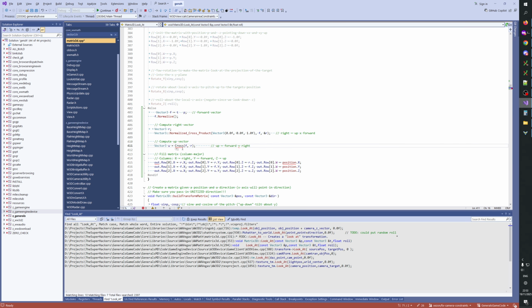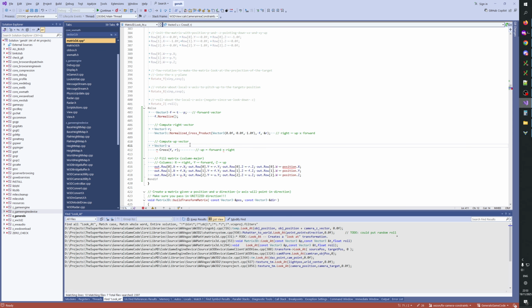Compute forward. Up vector. Up. Vector 3 cross products.